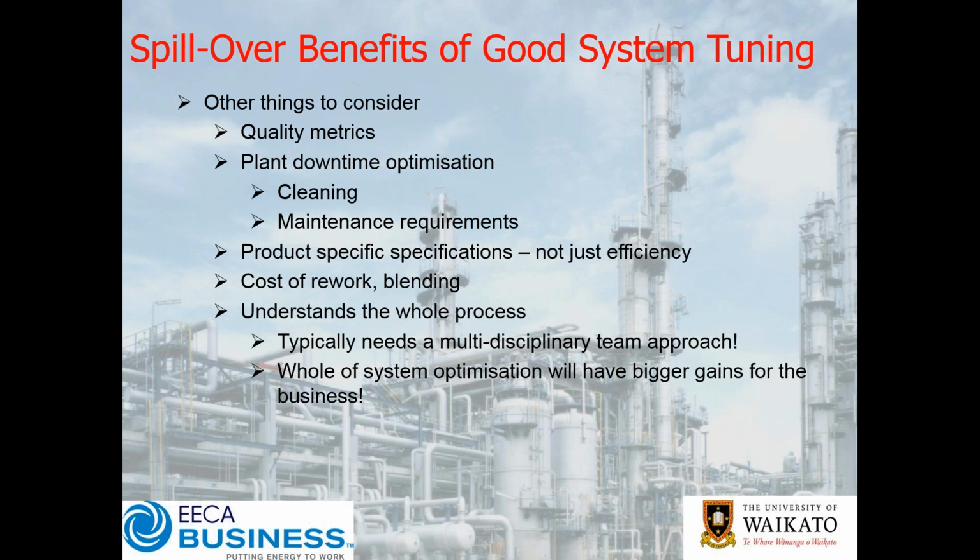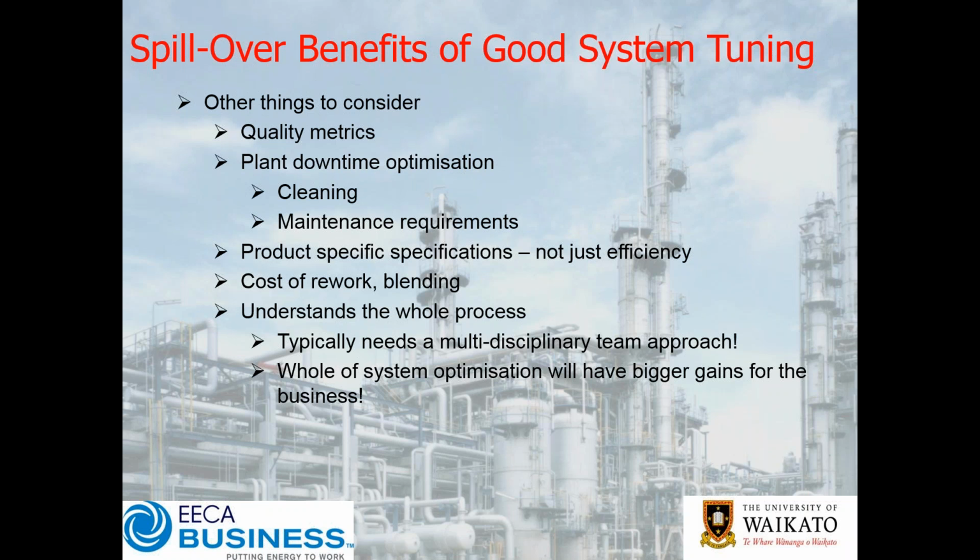Now for you to really do this in practice, you need to understand the whole process, which typically is going to require a multidisciplinary team approach, meaning that you as the energy guy or the maintenance guy, you're not going to do this on your own. You're going to need other people to get involved. You're going to need some operations guys. You might need some technical guys. There's a whole range of people that will need to be engaged. The advantage of doing that, of course, is you get them engaged in the process.